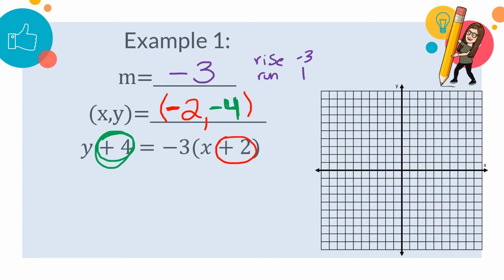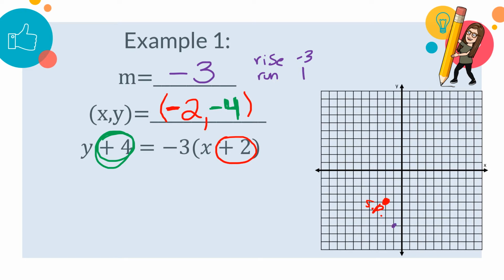So now let's graph this. Here's the biggest difference. Instead of starting on the y-axis, we're going to start wherever the point says to start. It says to start at -2, -4, left 2, down 4. That's our starting point. I like to label it SP. From that dot, now we can count our rise and run.